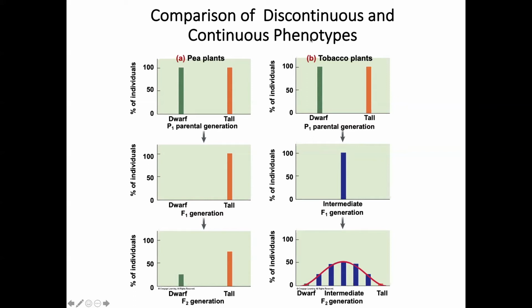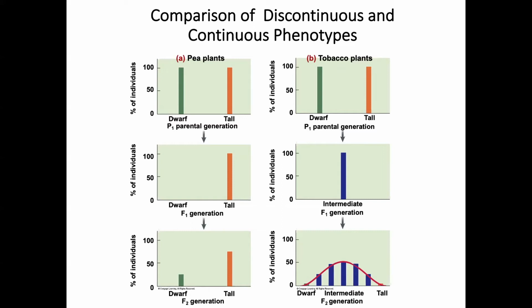In panel B, the histograms show the distribution of height in tobacco plants. Interestingly, in the F1 generation, all the plants are of intermediate height. And in the F2 generation, it shows a range of phenotypes from dwarf to tall.